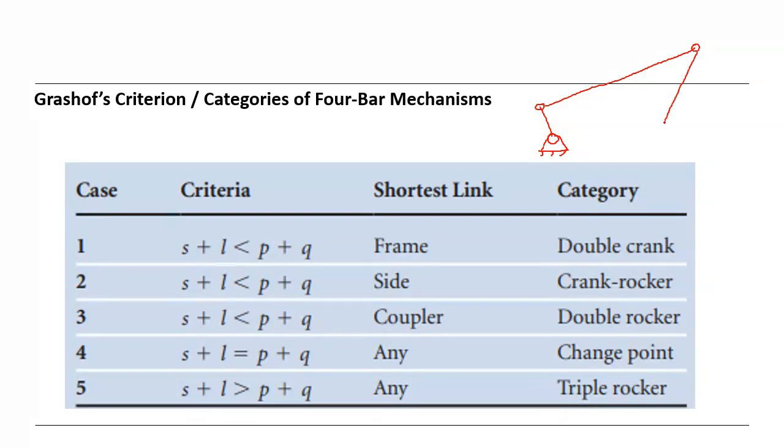The smallest and the longest, and the rest are P and Q. This is P, and this is Q, the dimension lengths. If the total of the smallest and longest is less than P plus Q, then this frame is a double crank.